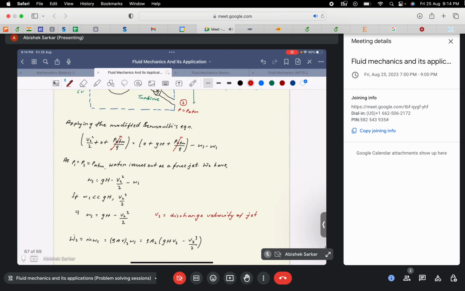So again it is exactly mentioned here. Then we have this equation, which can be written as Ws is equal to gh minus V2 square by 2 minus Wl.